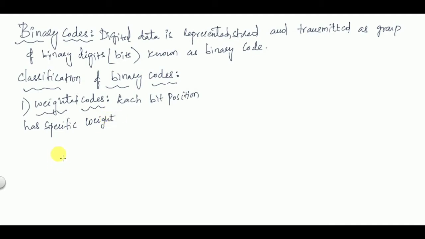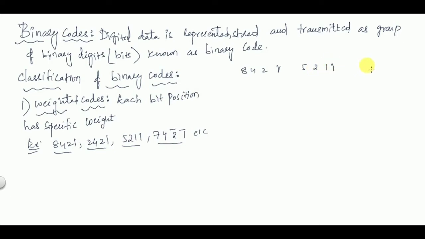Examples of weighted codes are 8421, 2421, 5211, or 742 bar, 1 bar, etc. So every position will have some specific weight. Take the 8421 code. 5211 is another code, and 742 bar, 1 bar is another code.